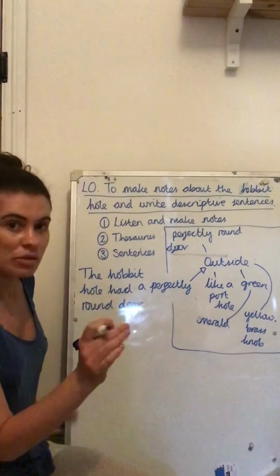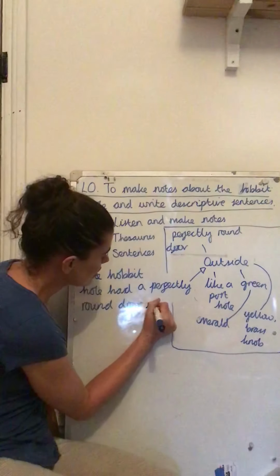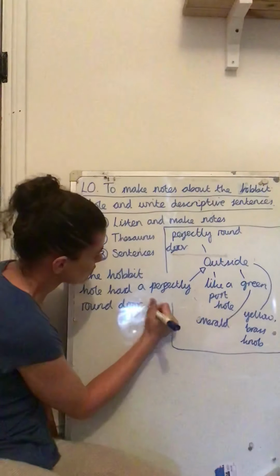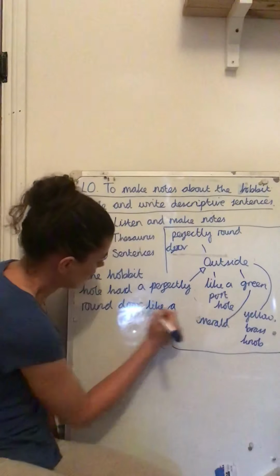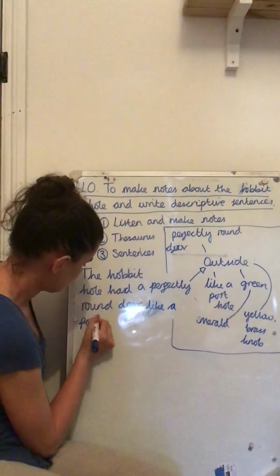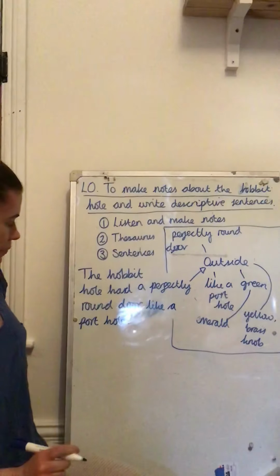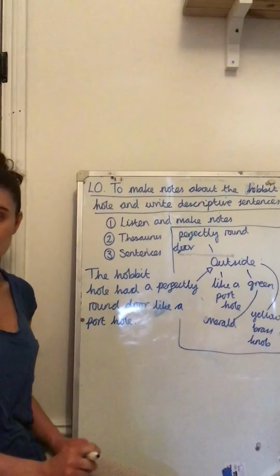We're going to get rid of our full stop here because we're continuing the sentence with, oh sorry, not with, like a porthole. Okay, full stop there. So what do you think of that sentence now? It's an okay sentence?